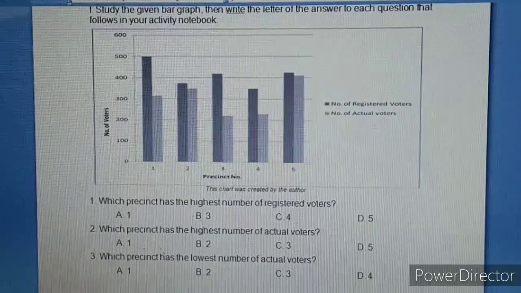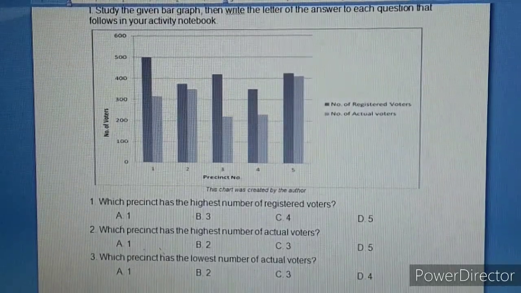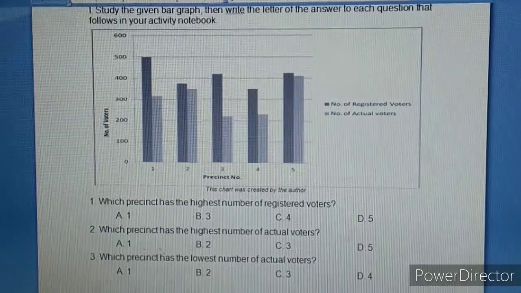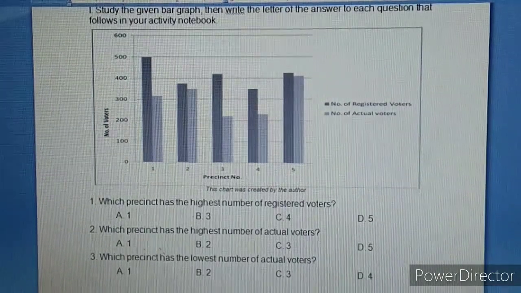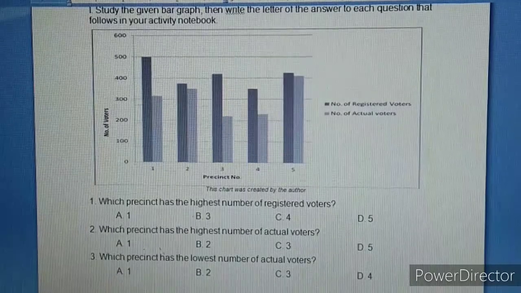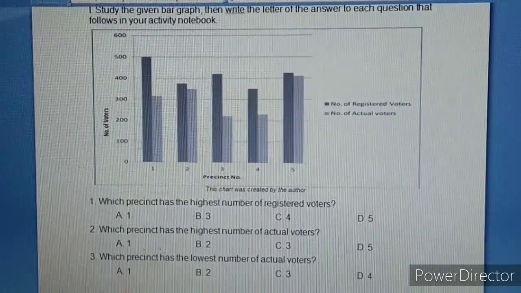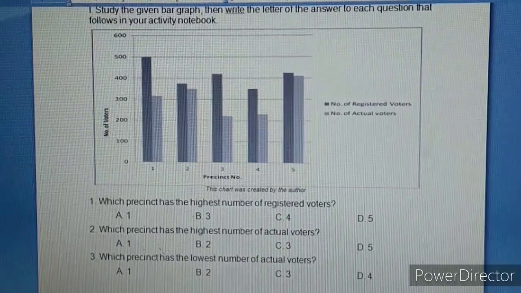On the left side of the graph, we have the numbers of voters. Below, we also have precinct number. So number of voters from 0 up to 600. Precinct number, we have 1 up to 5.